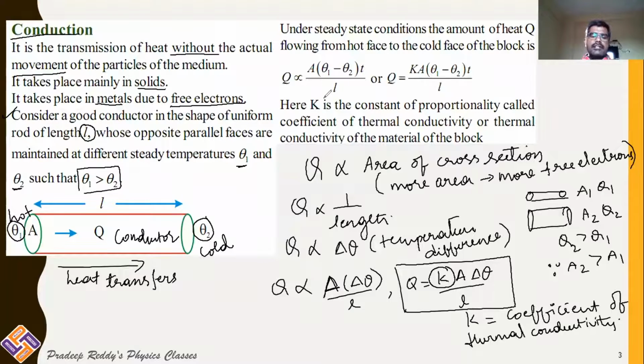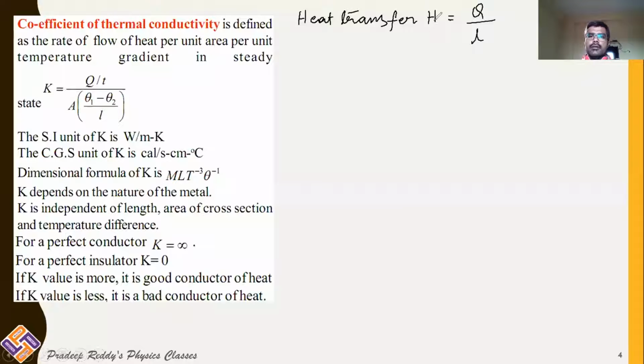Heat transfer in solids is directly proportional to area of cross section, inversely proportional to length of the material, and directly proportional to the difference in the temperature between two ends of the rod, where this H is denoted as rate of heat transfer.